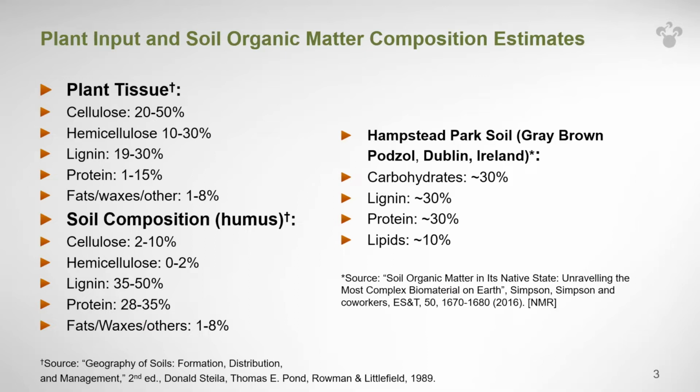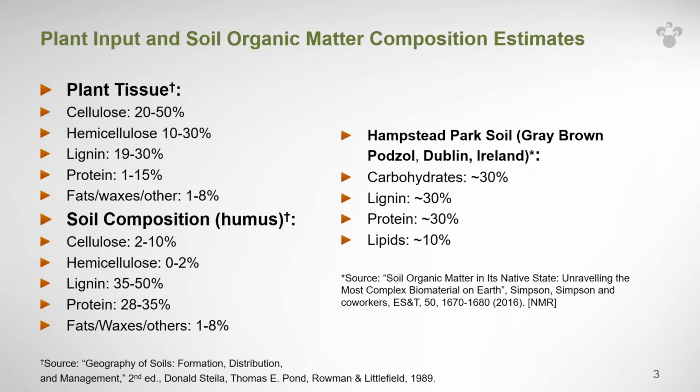So to get an idea about what molecules to compose a soil organic matter model out of, there are some studies out there that give you a rough idea about what biopolymers you have or biomolecules you have and other organics in the soil.